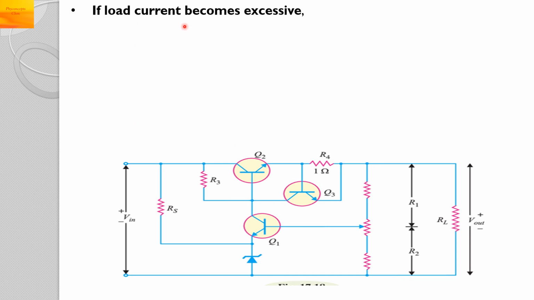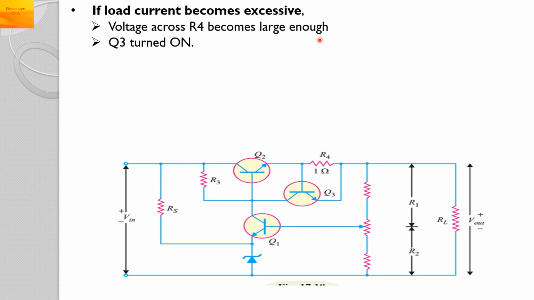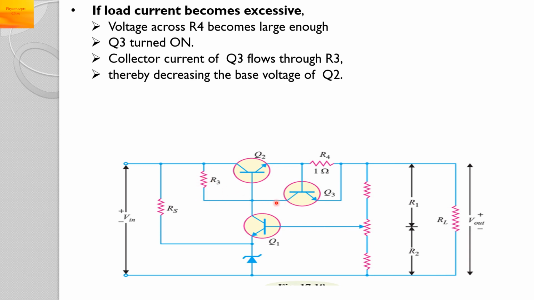Now suppose the load current becomes excessive, then the voltage across R4 becomes large enough and Q3 will turn on. When Q3 turns on, the collector current of Q3 flows through R3, and as it has turned on, its collector voltage will be less, and that is going to the base of Q2.